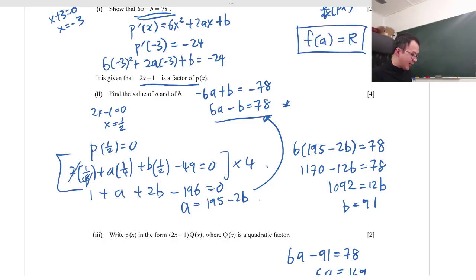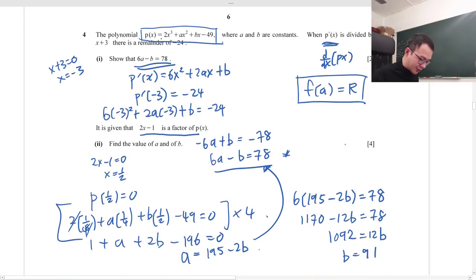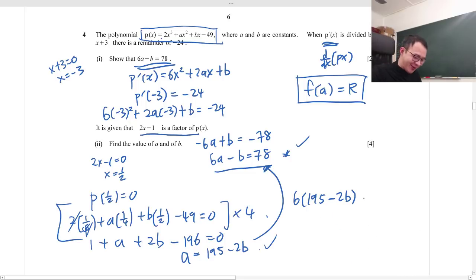I want to double check my answer because it looks weird. Both of these equations are the same as the marking scheme, but why is my substitution wrong? Oh, 6a minus b. I forgot about the minus b. Thanks for that.